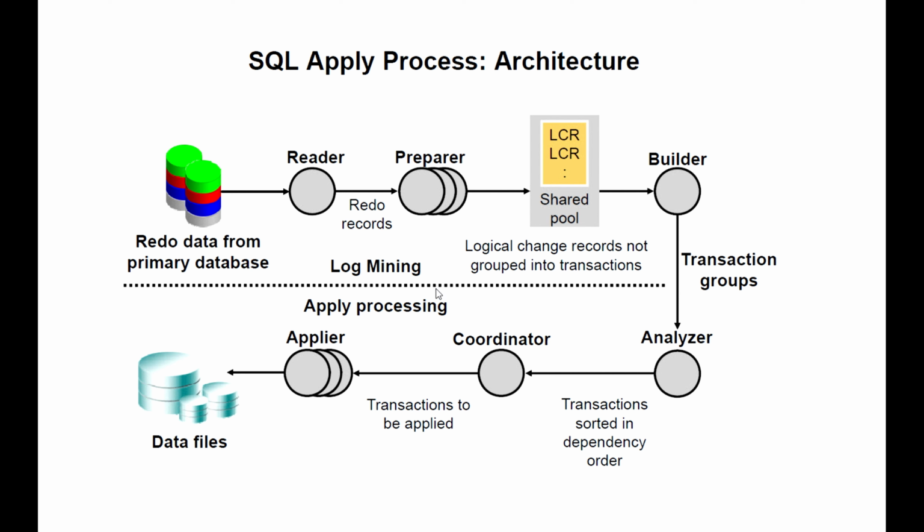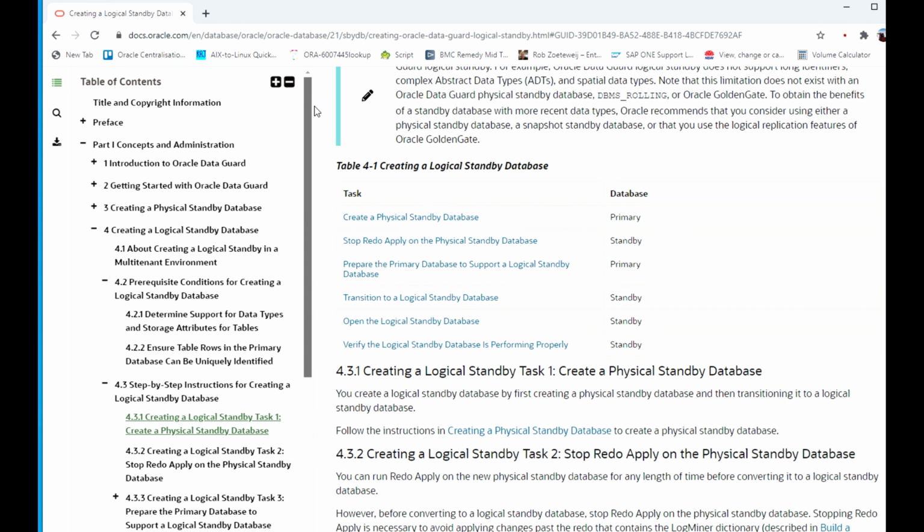The apply process applies the logical change records to the database and commits the transactions. It also asks the coordinator process to approve transactions with unresolved dependencies and schedule them appropriately. Now let's go to the lab to create a logical standby database.